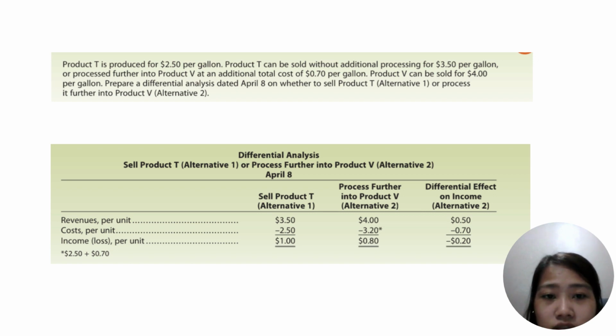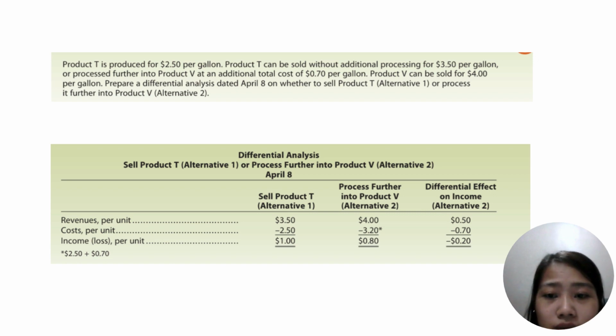So that is the 2.50 per gallon of product T plus the 0.70 per gallon of additional cost for product V. That's why it's 3.20.